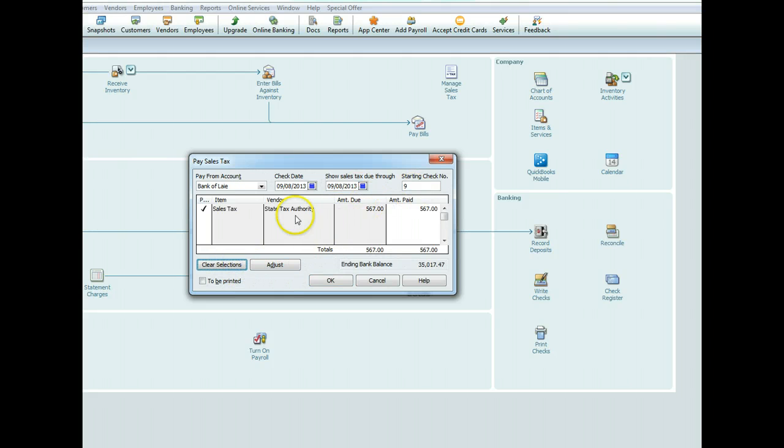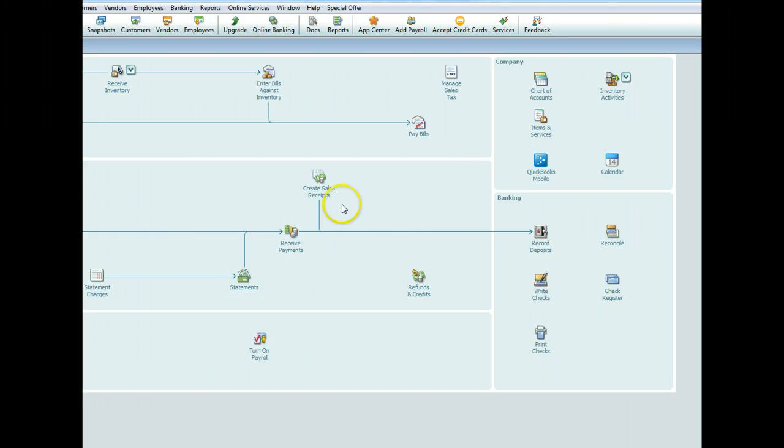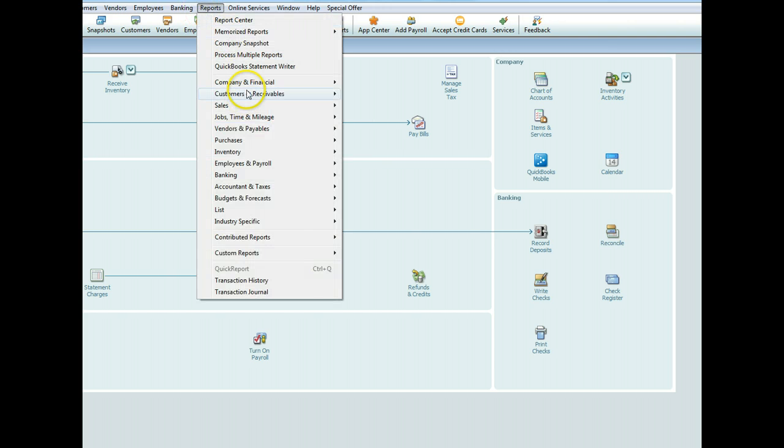Pay all tax. So there's everything that we have. And done. Okay.